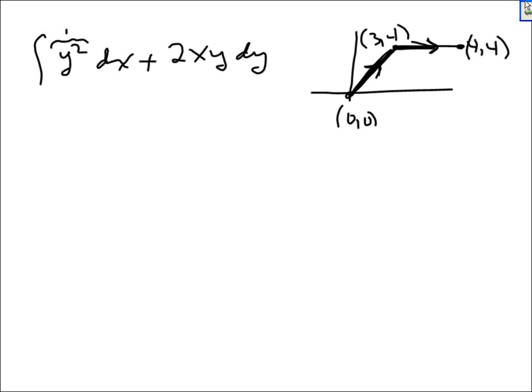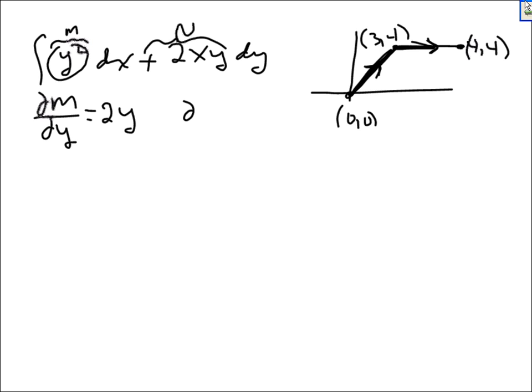We call this M and that N. The partial of M with respect to y, regardless of what this is, it's with respect to y. That's 2y.